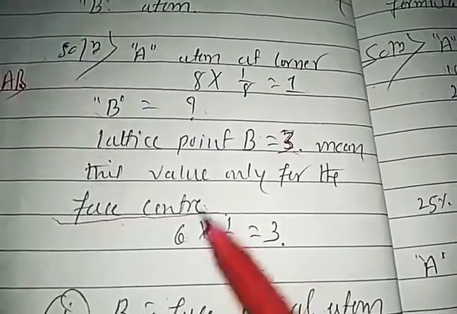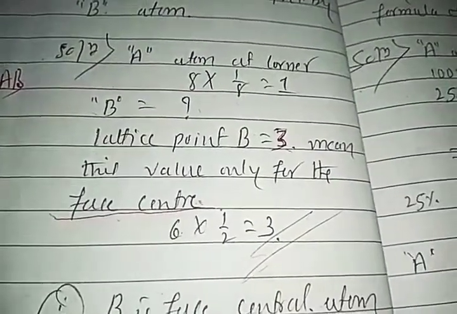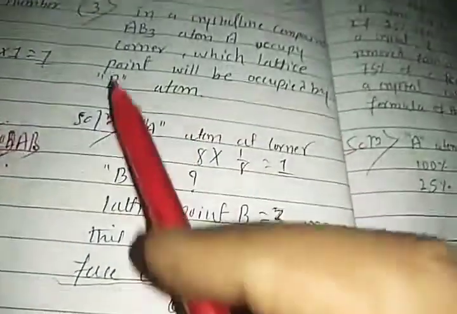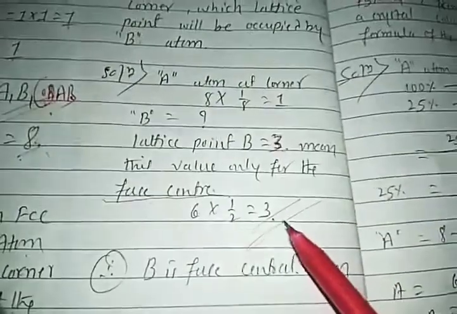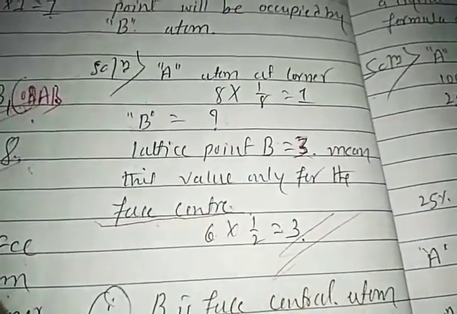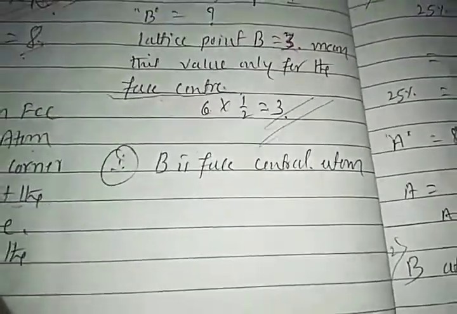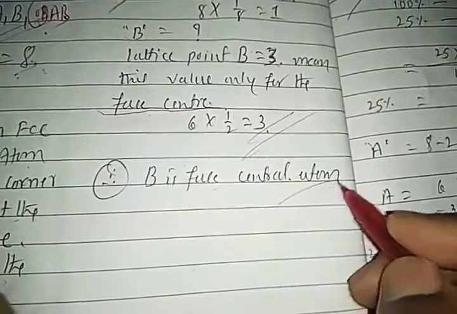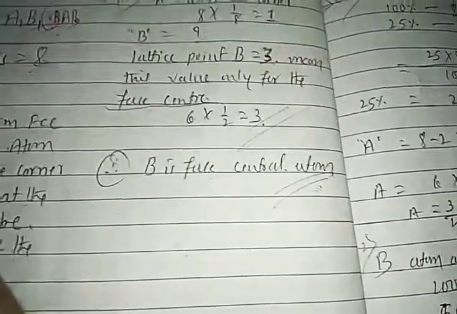Then 6 into 1 by 2 is 3. B is 3, and the question also mentions 3. So B occupied the face center. Right friends? B is the face central atoms.